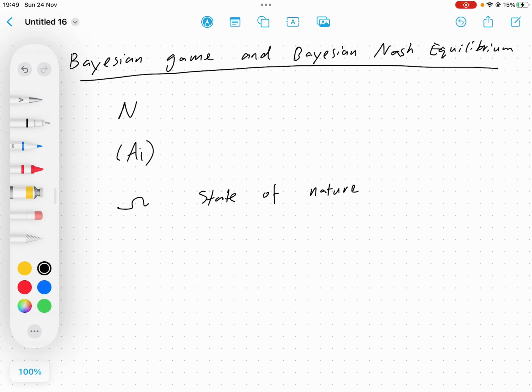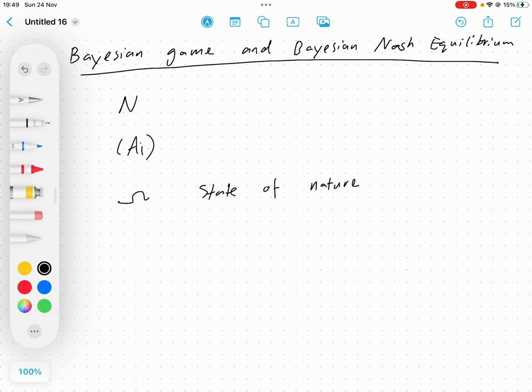Normally we assume that this set omega is finite. Each player i might have some prior belief, let's say pi, little pi. This prior belief would be an element in the set of all distributions over this omega.